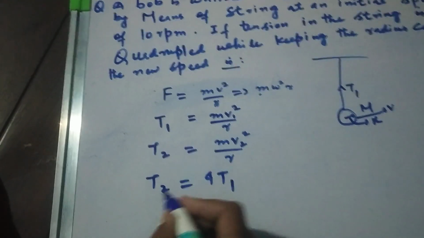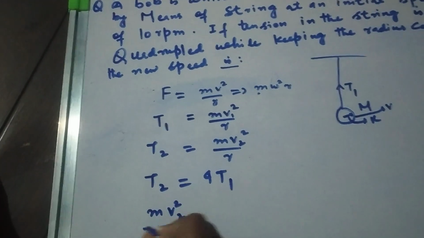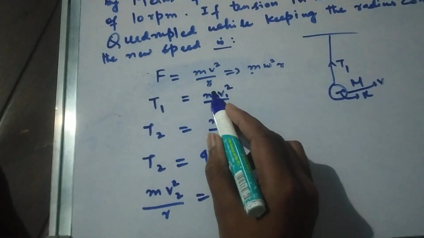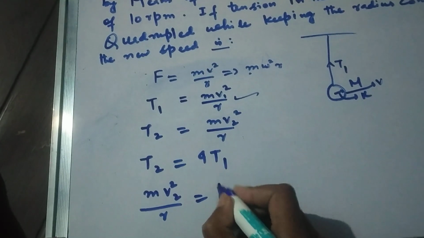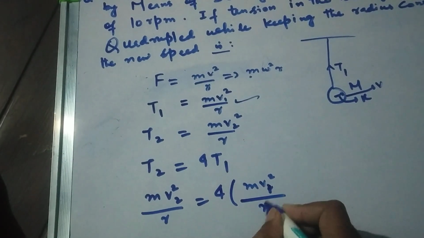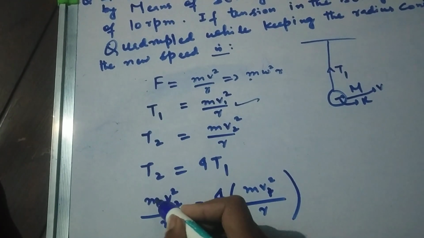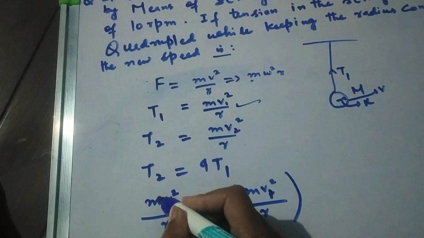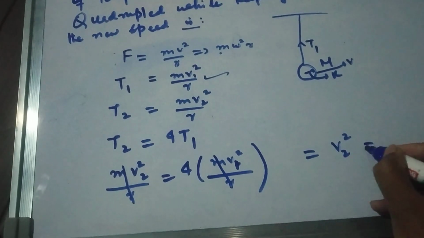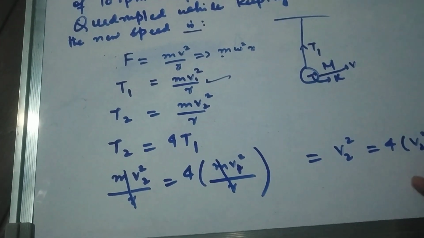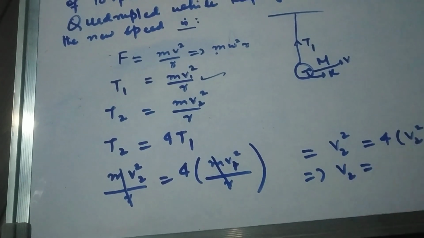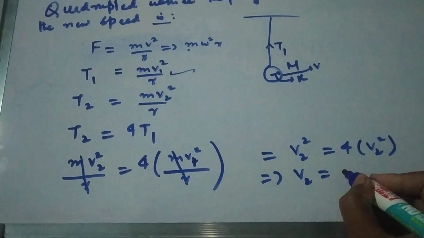Now T2, which is this one, is equal to 4 times T1 here, 4 into mv1 square upon r. The same terms cancel out on both sides. When we take the root on both sides, V2 is equal to 2 times V1.